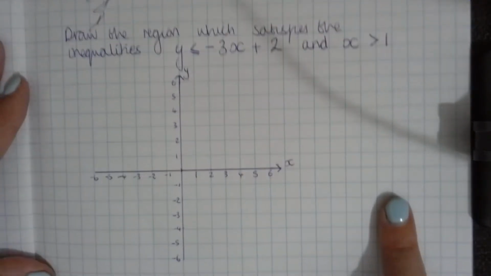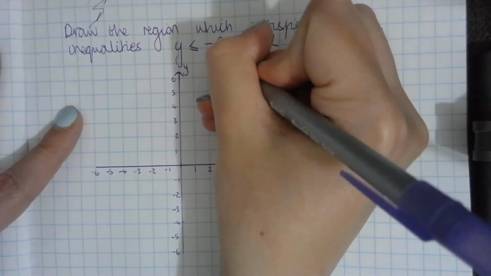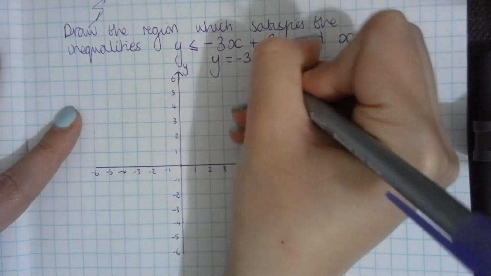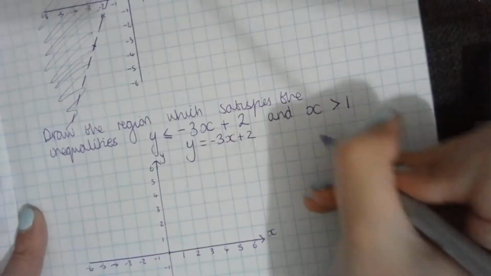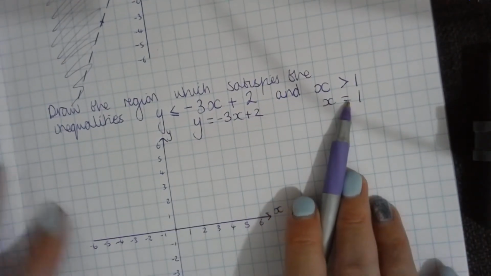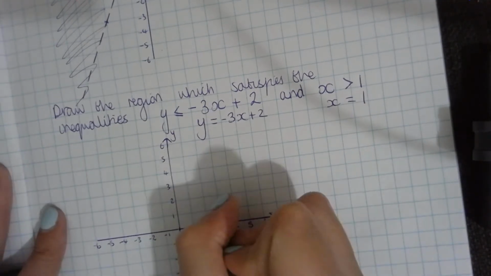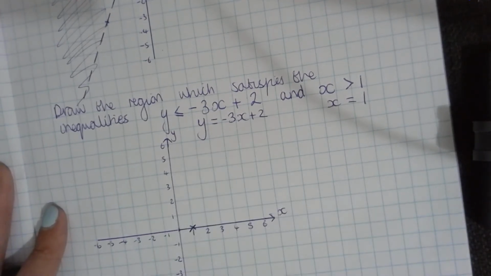And finally, it's asking us to draw two inequalities again. So we've got y equals -3x plus 2 and x equals 1. So I'm going to look at x equals 1 first. Obviously that means it crosses the x-axis at 1. So it needs to go through that point there.